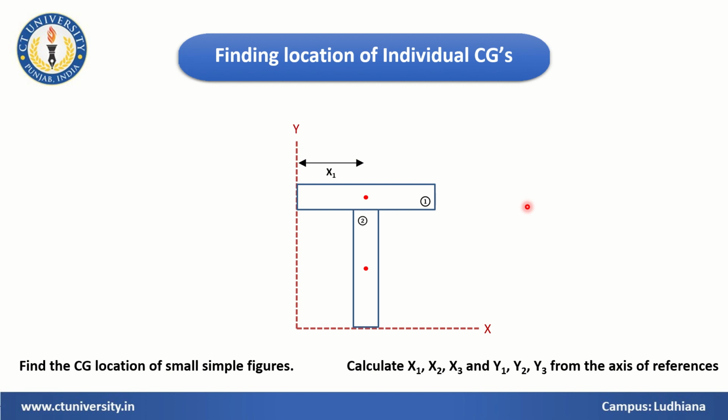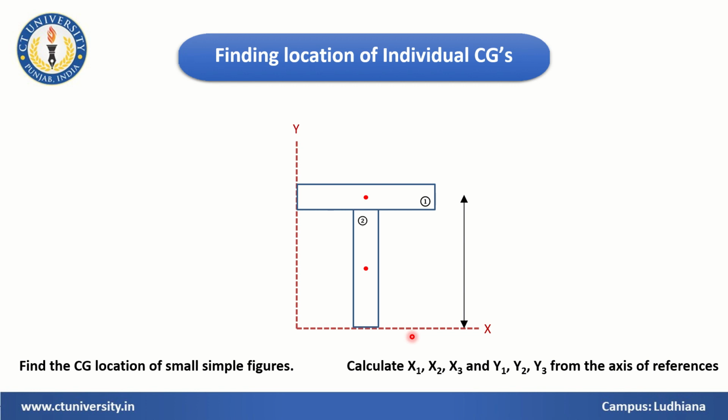Right, so from this reference, this distance will be x1. This will be half the dimension of this rectangle, L by 2, and then we have this dimension, this is x2. Again you can find the distance from here also.